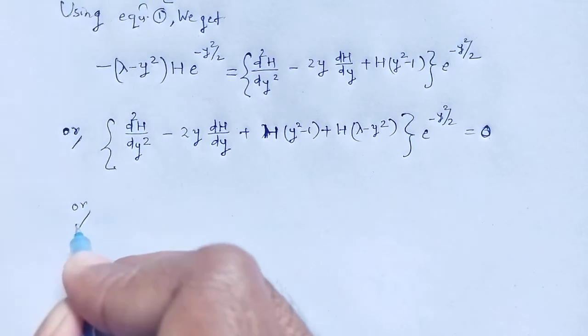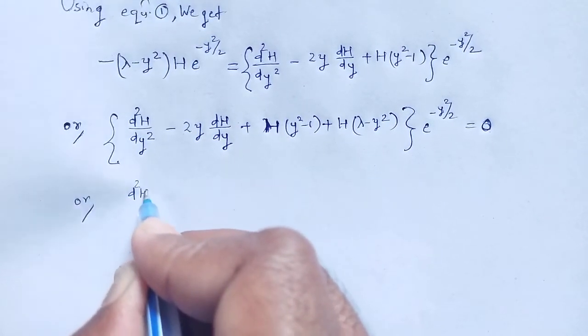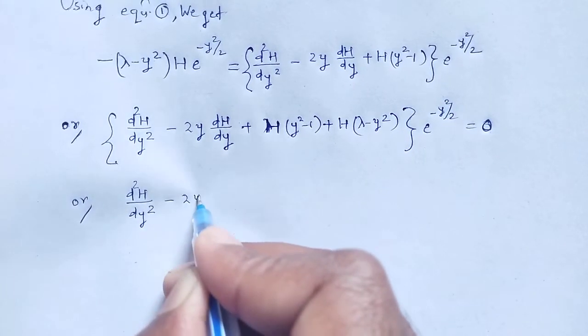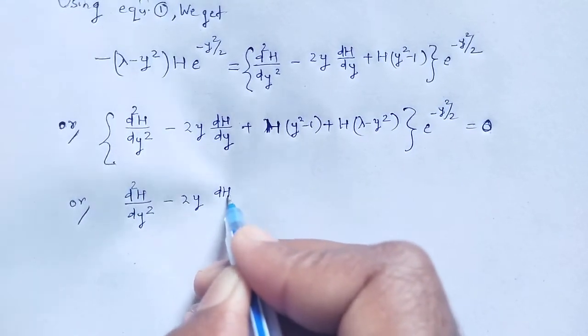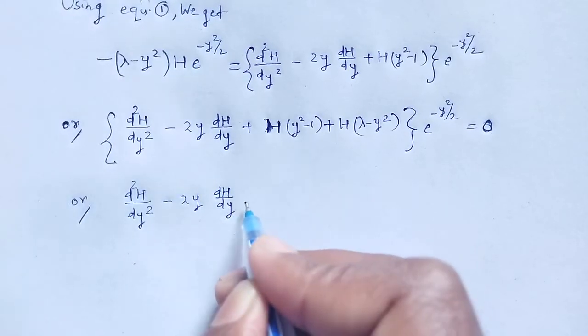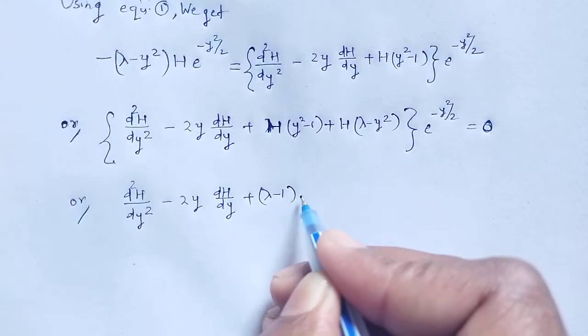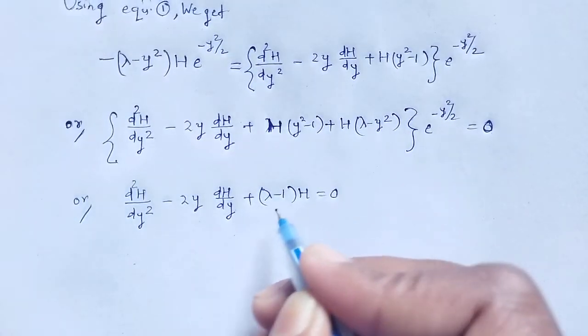Or d square h by dy square minus 2y dh by dy plus (lambda minus 1) h is equal to 0.